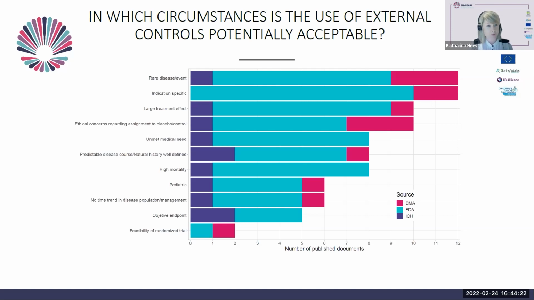In this context, this was more in the sense of extrapolation from adults to pediatric patients. What was also quite often mentioned was that there should be no time trend, that it would be good to have an objective endpoint, or a circumstance in which a randomized trial is not feasible.